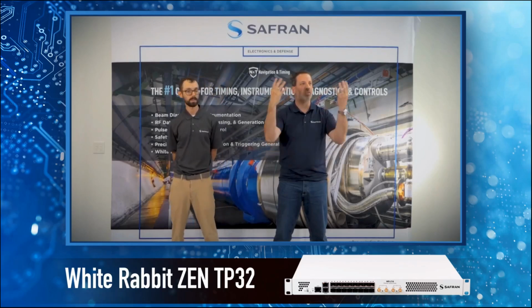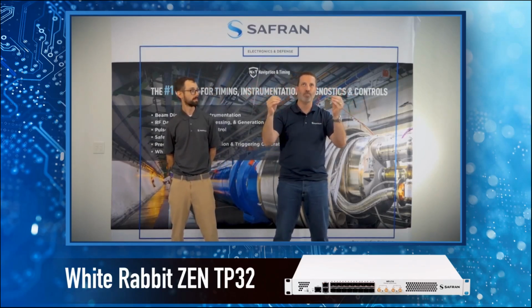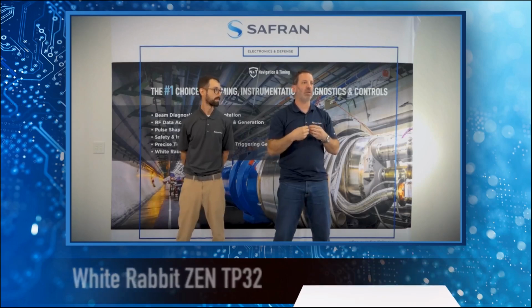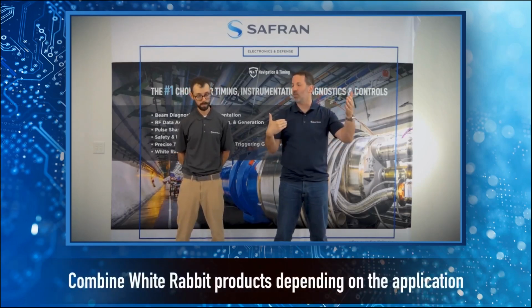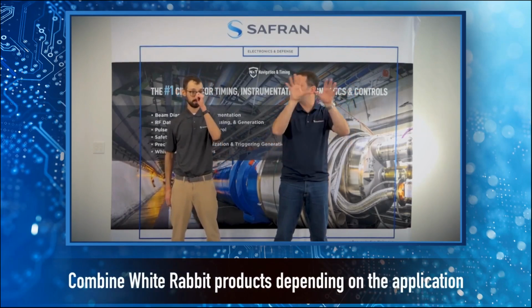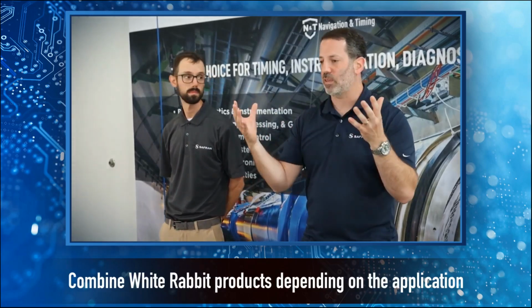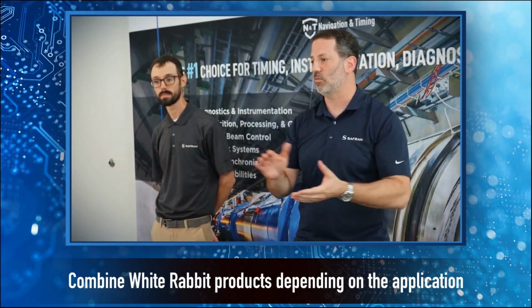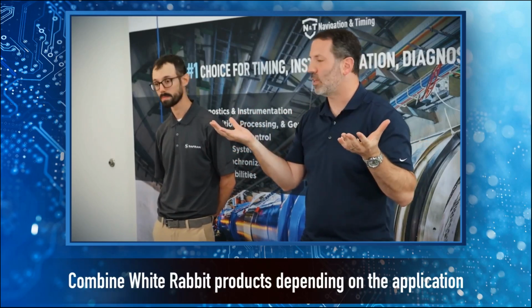Right, and we talked about the distribution layer and the different ways those things can look. And so you can combine these White Rabbit products in different links to match the kind of distribution that you need. So let's say you have a site that has a lot of end nodes that you need to get to. Obviously then a Z16 makes a lot of sense.